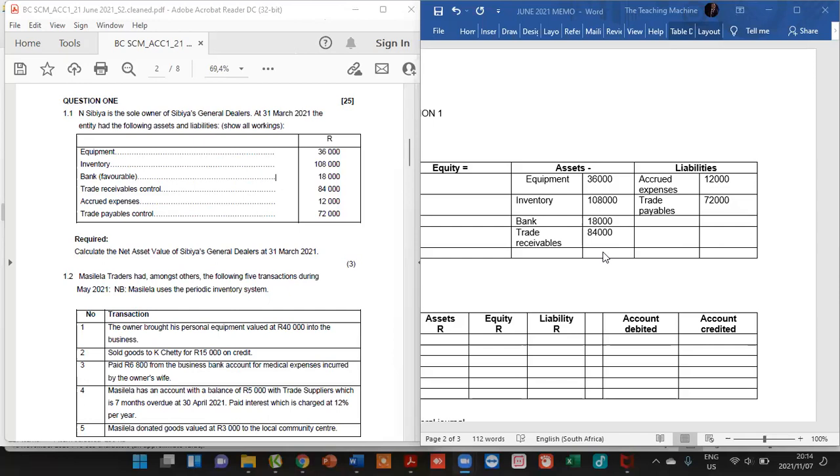Okay, now let us sum up the asset accounts. We have 36,000. Please add for me 36,000 plus 108 plus 18,000 plus 84,000. Okay. So it's 36 plus 108 plus 18 plus 84,000.